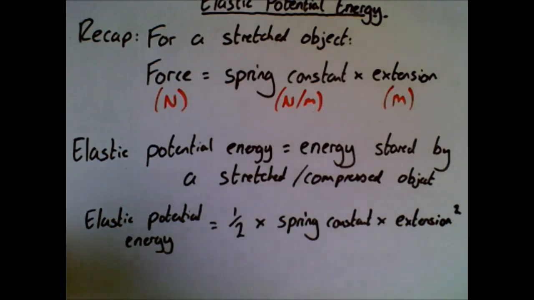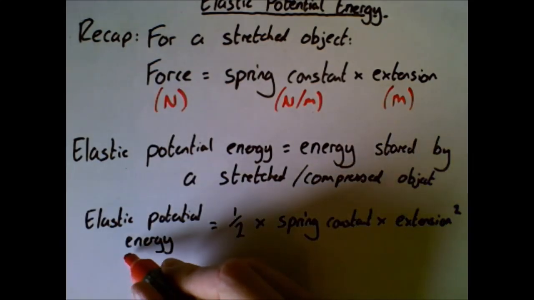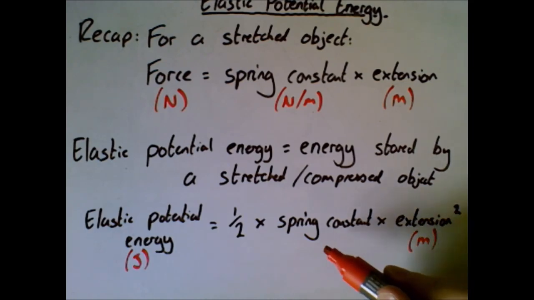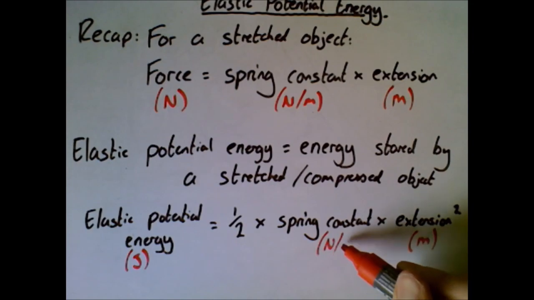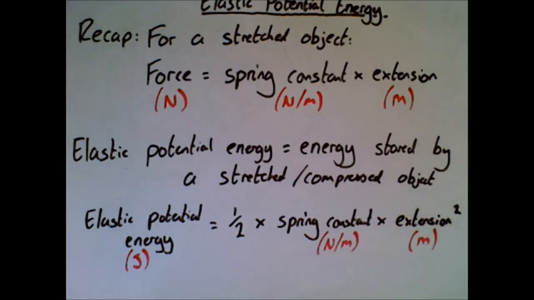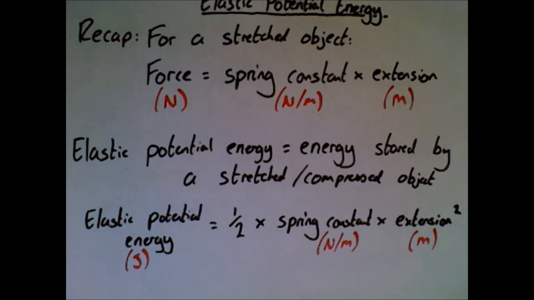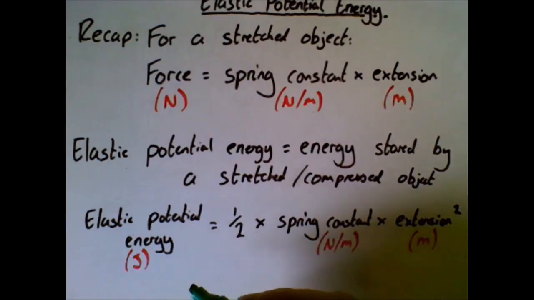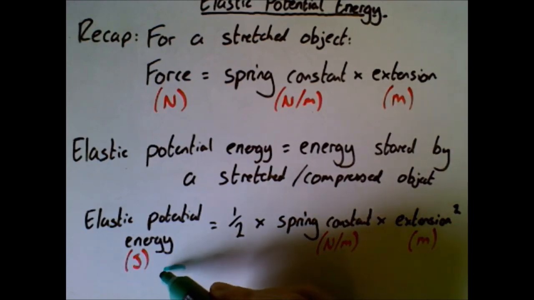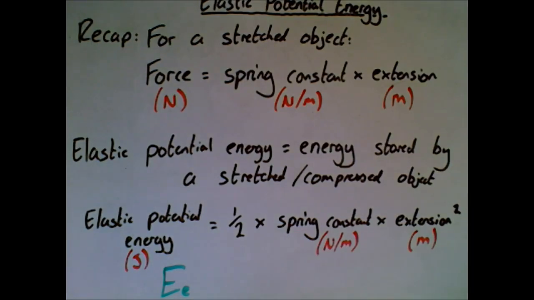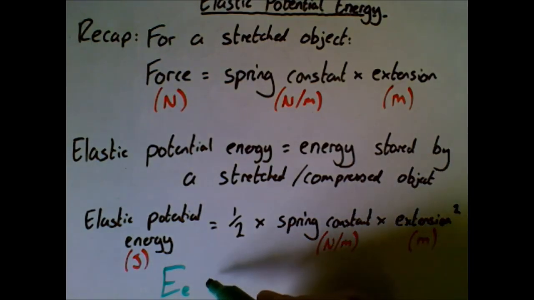All right, units again then. Elastic potential energy, well, it's energy, so it's in joules. Extension, that's measured in meters. And spring constant, like we said earlier, is in newtons per meter. Now, I will show you this in symbols. As you know, I'm not a great fan of using symbols, but I will show you what they are just so you've seen them. So elastic potential energy is given the symbol capital E and then a small e as a subscript. So that's standing for elastic energy, basically.